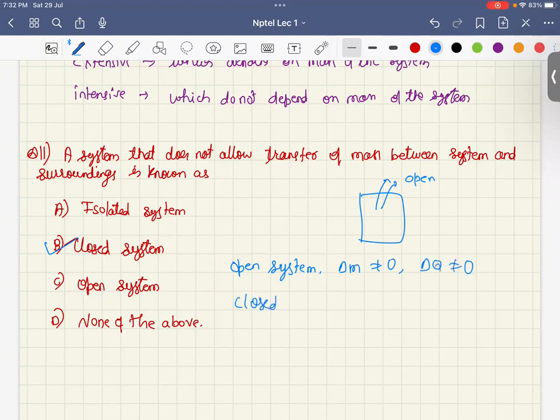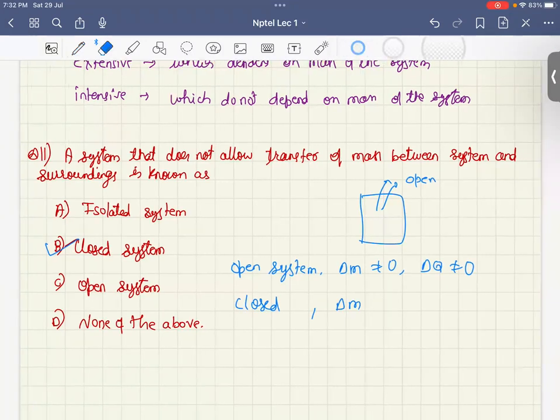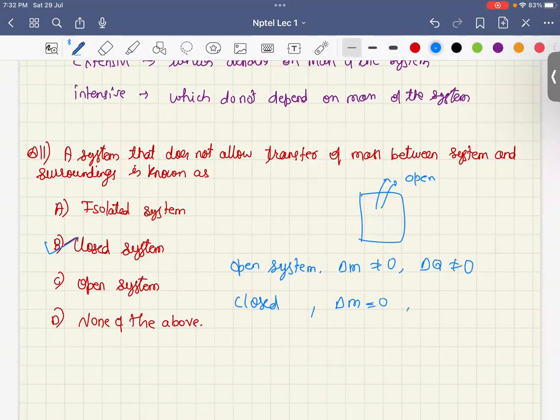Then a closed system does not allow transfer of mass, so the transfer of mass is zero, but delta q may be non-zero. And an isolated system does not allow mass and also heat to transfer. So as per this, a system that does not allow transfer of mass between system and surroundings is called a closed system, right?